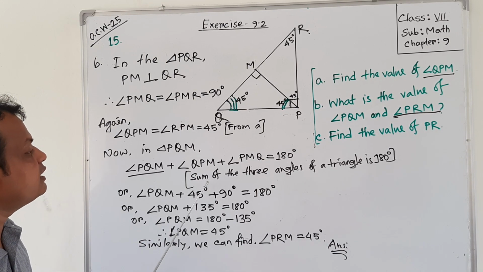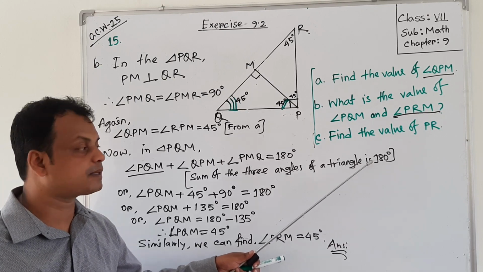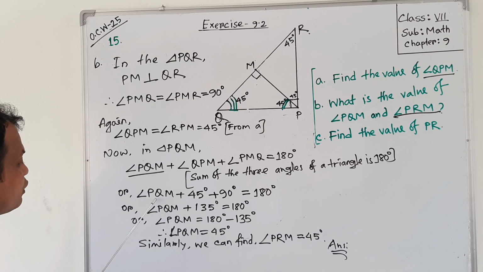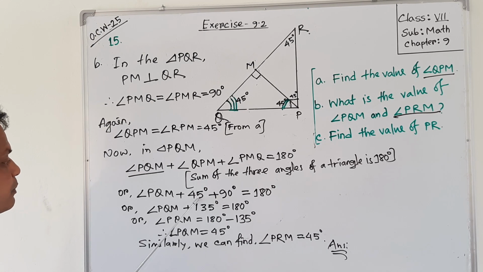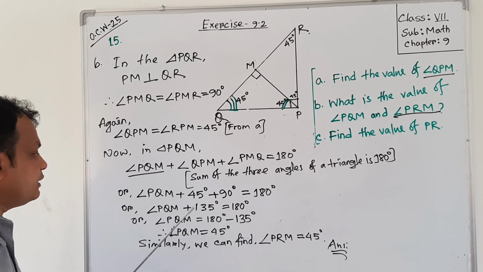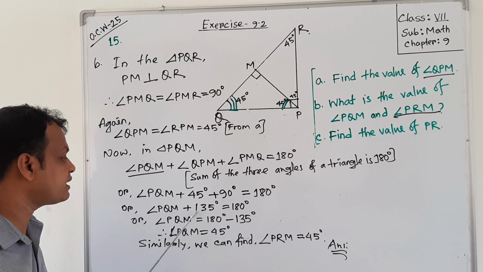The side note is here: the sum of the three angles of a triangle is 180 degrees, or two right angles. After that, we have to find the value of this angle, so it will remain the same. The value of angle QPM is 45 degrees, plus angle PMQ equals 90 degrees. We put the values: 45 degrees plus 90 degrees is 135 degrees, equals 180 degrees. Then, changing its side, plus becomes minus.